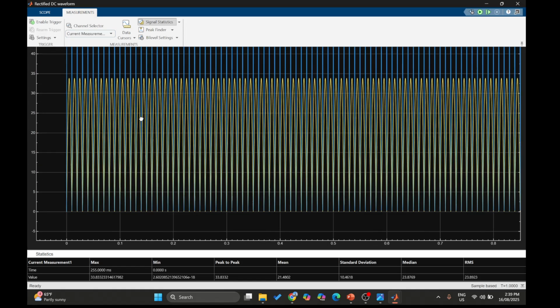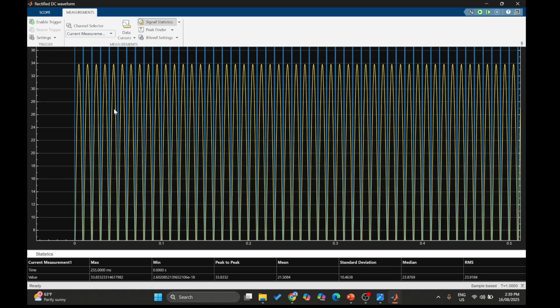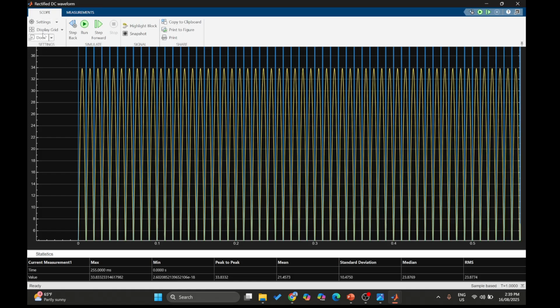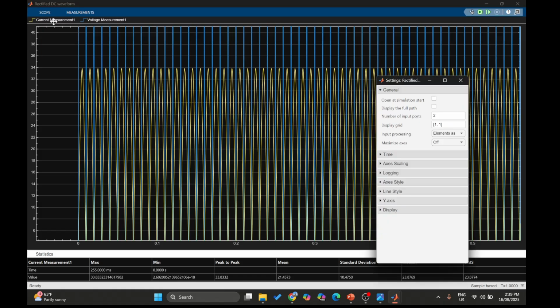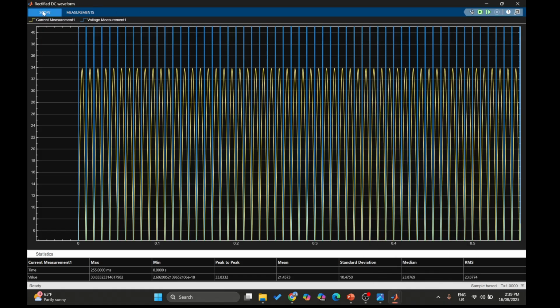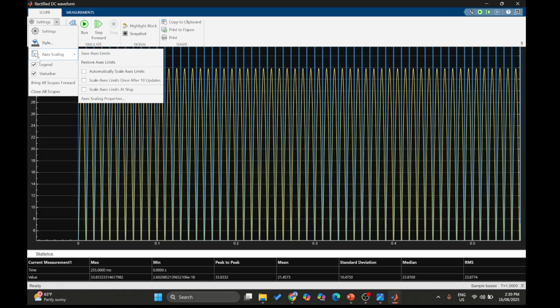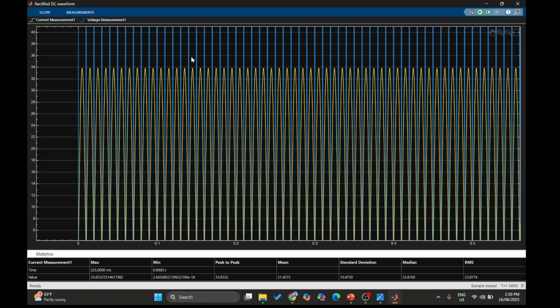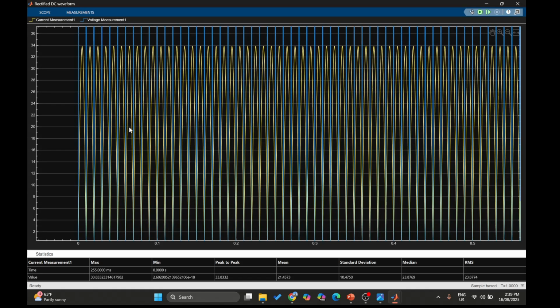Okay, this is our waveform. Make legend. Okay, I already have a legend.